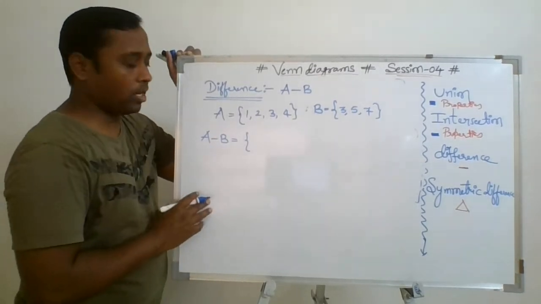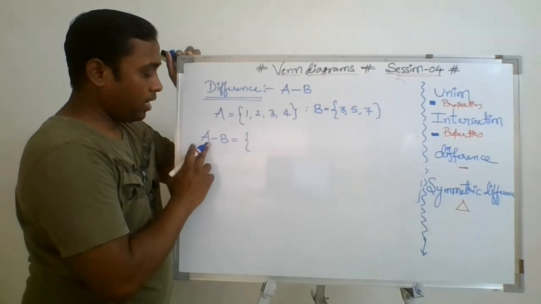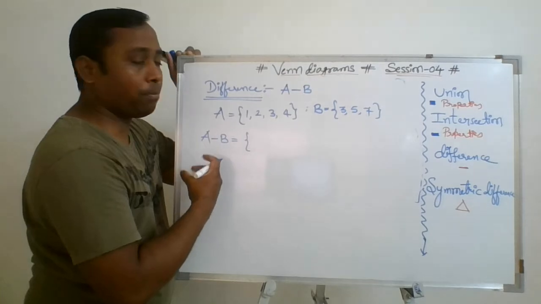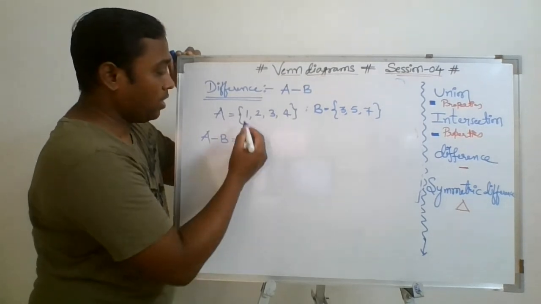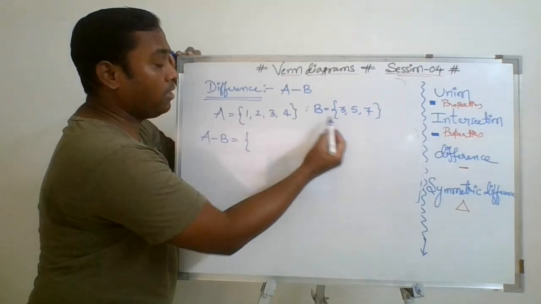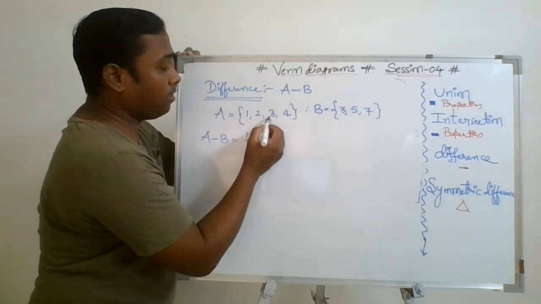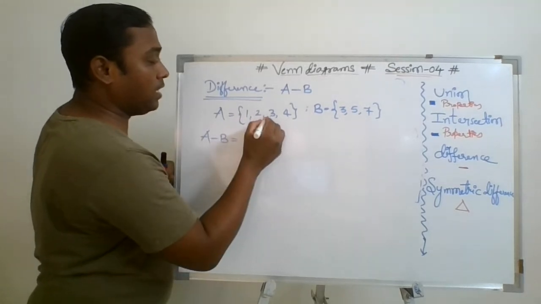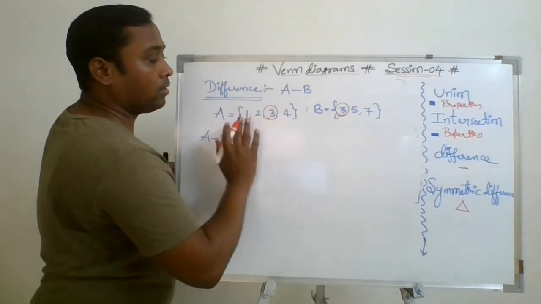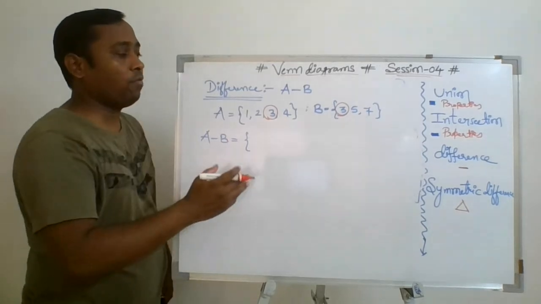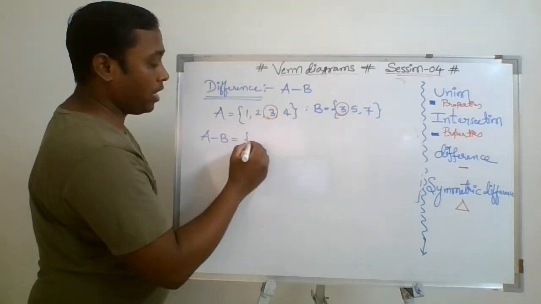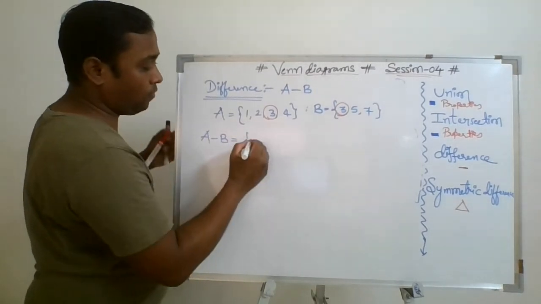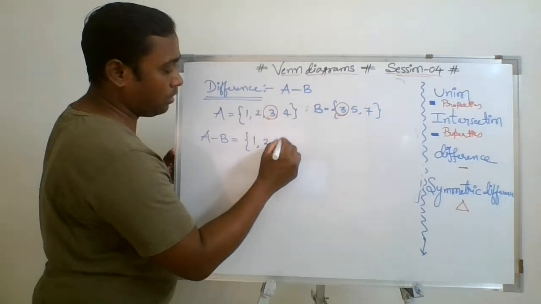A minus B says: from set A take out the elements of B. A में से B का element remove कर दो. Now, which elements of A are also in B? We can identify that 3 is an element which is in A as well as in B. Hence we need to remove that common element. So what elements are left with us? 1, 2 and 4.